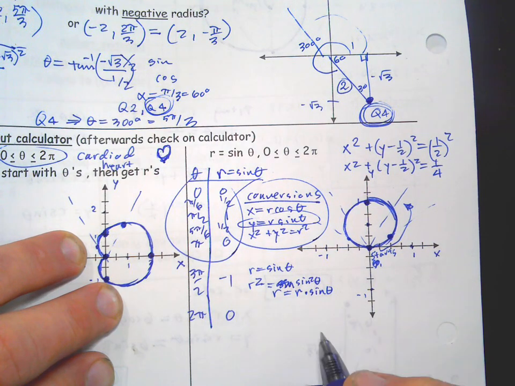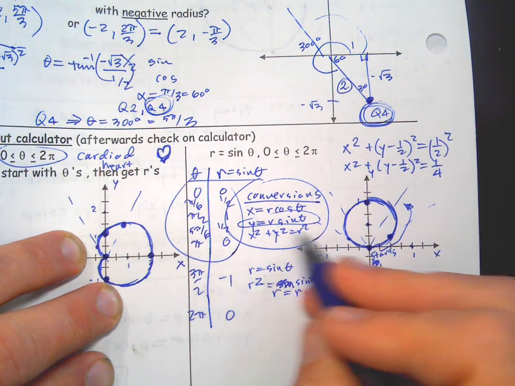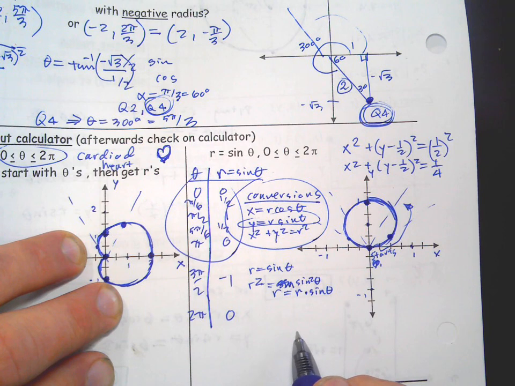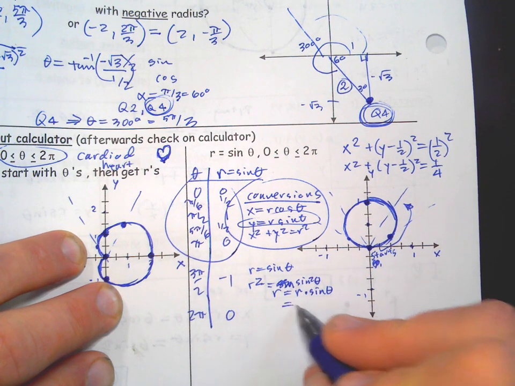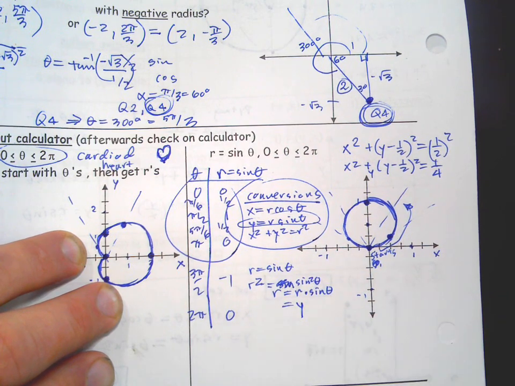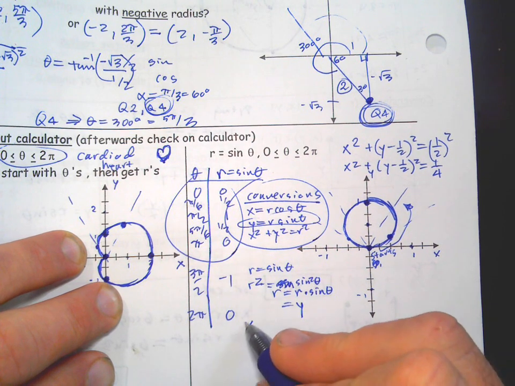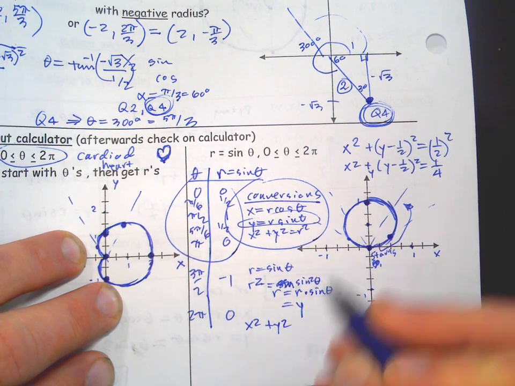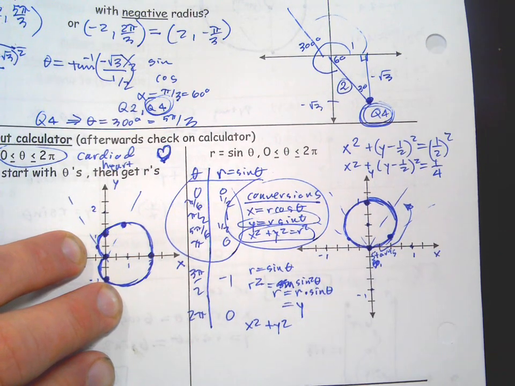So if we take this equation and say, hey, this is the same thing as y, then x squared plus y squared, we're trying to get this equation.